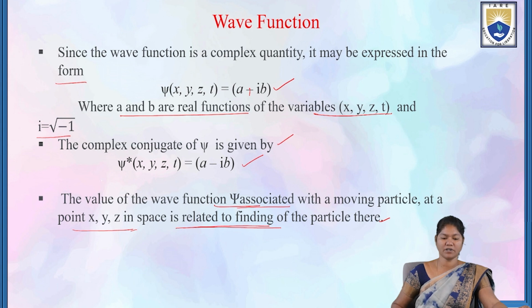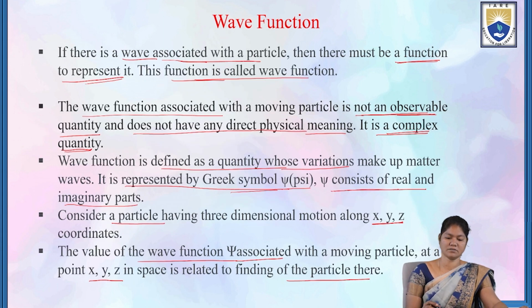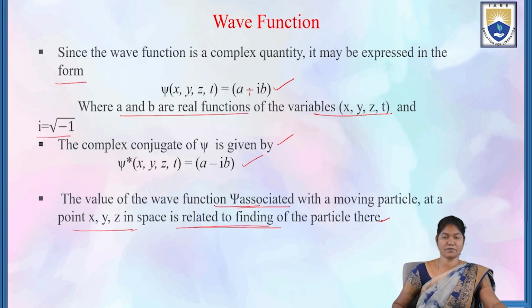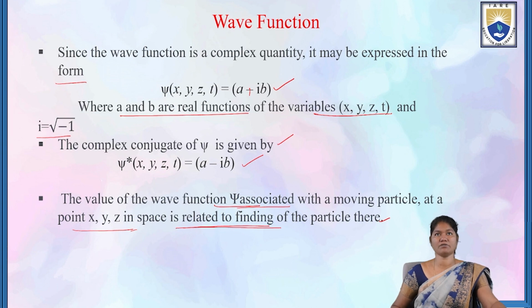As it is a complex quantity, we are going to take the product of the complex quantity and then its complex conjugate, so that we can find the probability of finding the particle.